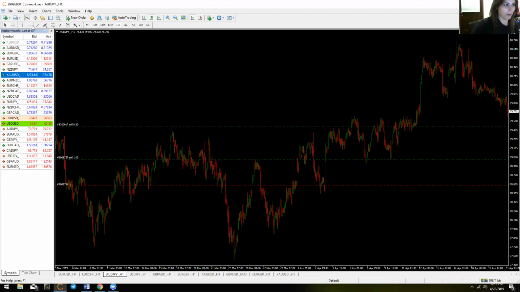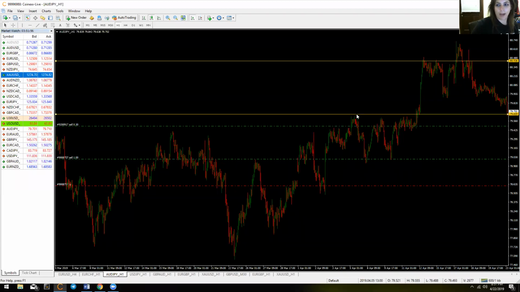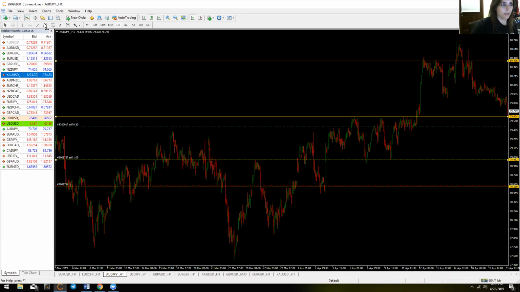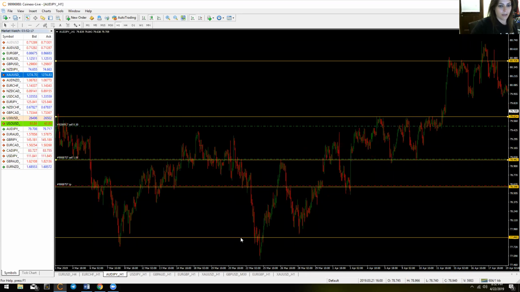If we were to put support and resistance, we would put a support maybe right around a resistance area right around here. Then we'd probably put another one down here, and another one right here, and there's another support and resistance, and here's another one down here.